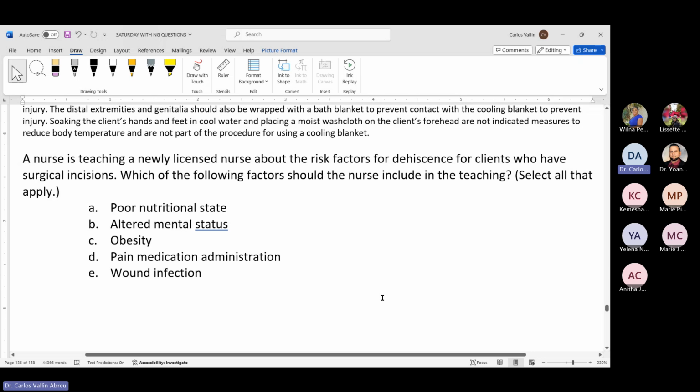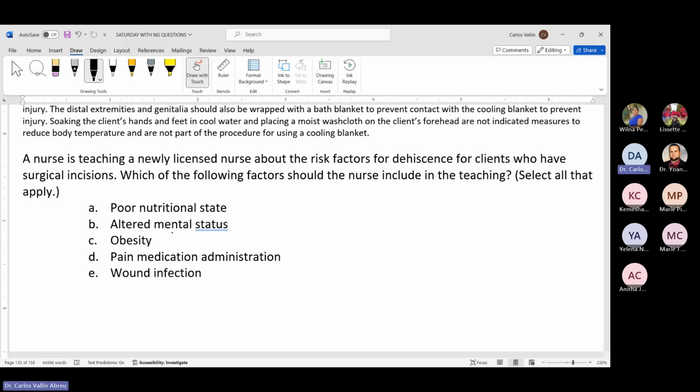A nurse is teaching a newly licensed nurse about the risk factors for dehiscence in clients who have surgical incisions. Which of the following factors should the nurse include in the teaching? Select all that apply. Poor nutritional state. I think that all of you know that nutrition influences the healing, especially protein malnutrition delays the process of healing.